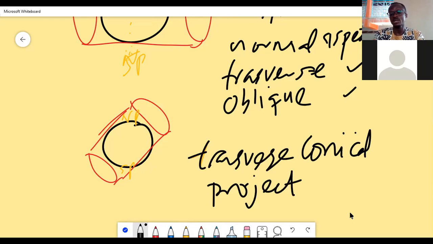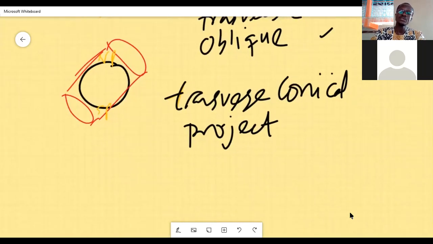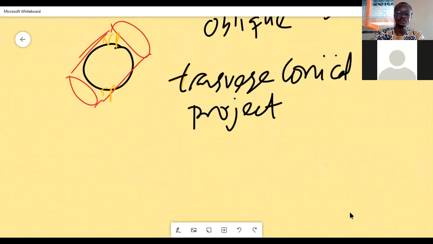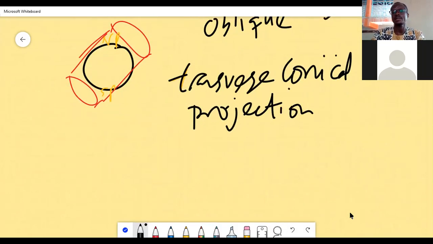If you understand it, you can do this in 2 seconds and we all can move on. Transverse conical projection, how would it look like? Okay, you can just do that yourself to test if you understood what we talked about. Okay, so it's going to look more like that. I'm sure by now you've drawn it.